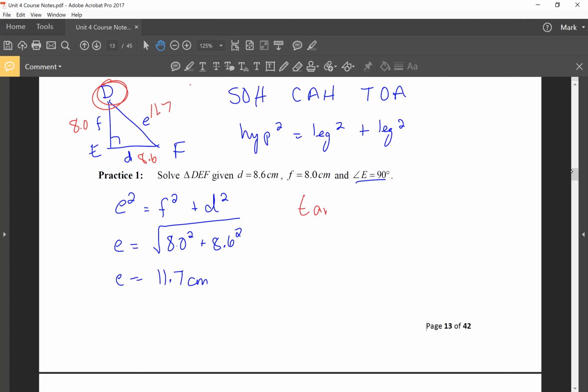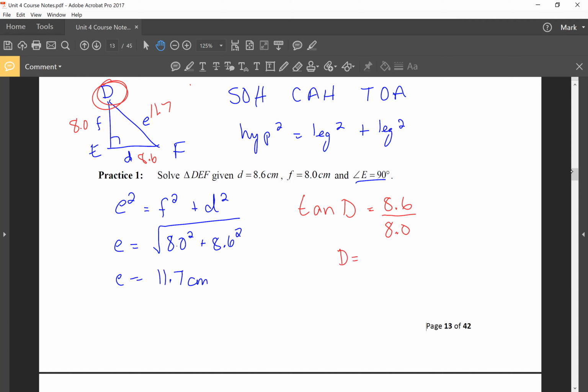Let's find the tangent of D. Tangent of D is opposite over adjacent. So tan D is going to be the number opposite of D, 8.6, divided by the number adjacent to D, which is 8. Adjacent means next to. Notice that tan doesn't have the hypotenuse, so I'm not using 11.7.